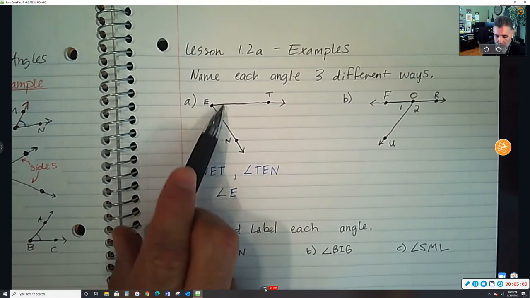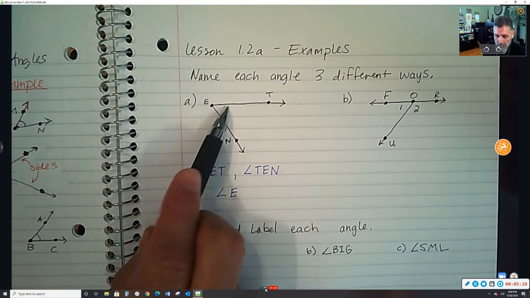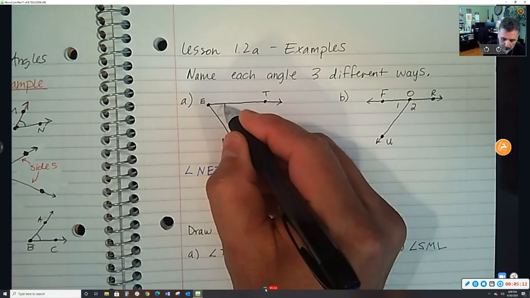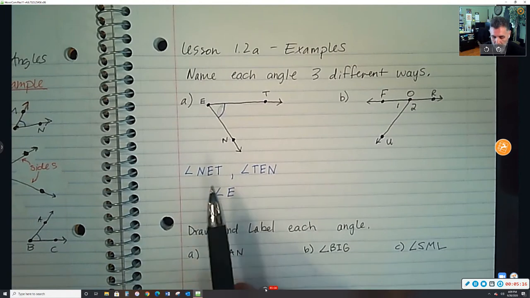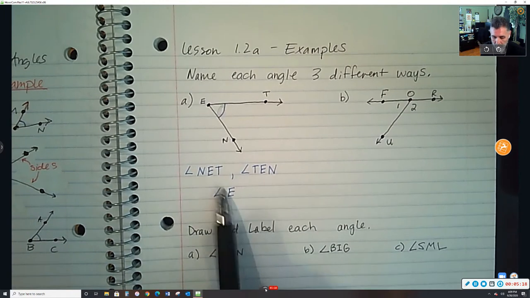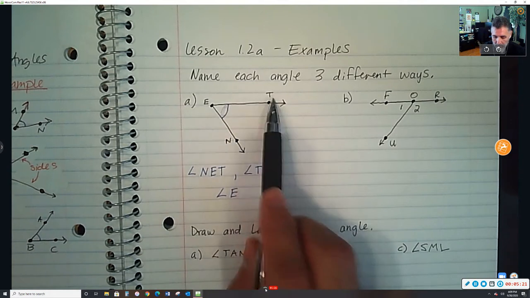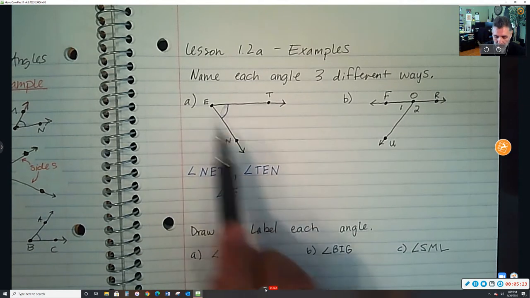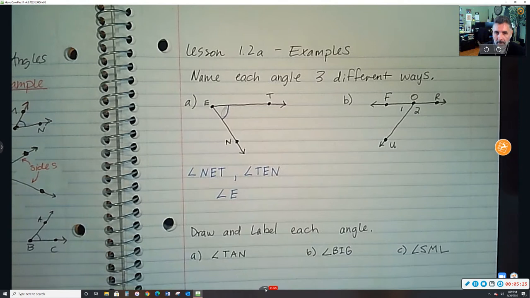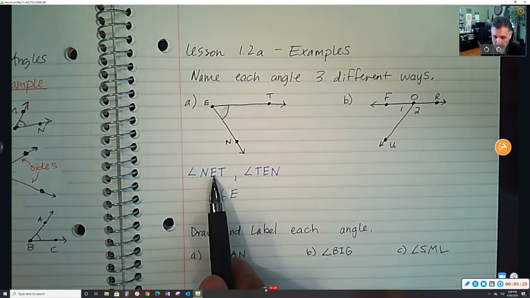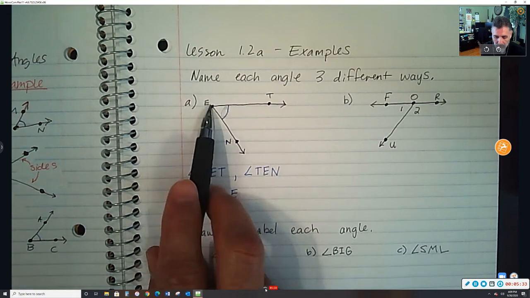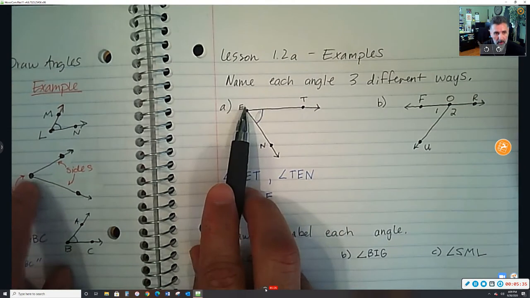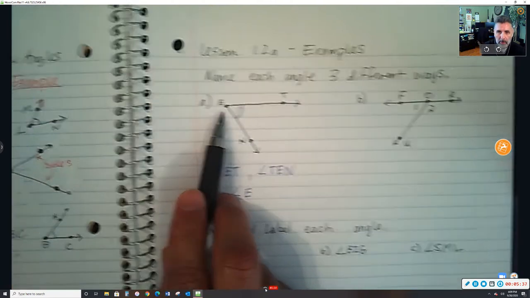Because technically this is where the angle is, right in here. Again, that's the angle. And then again, these are the three names. NET, or TEN, or just angle E. And notice E, the vertex, is always the middle letter. That's the vertex, that's the vertex. Remember, the vertex is over here, it's the shared endpoint. Okay.